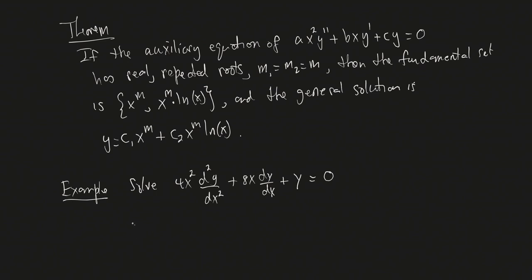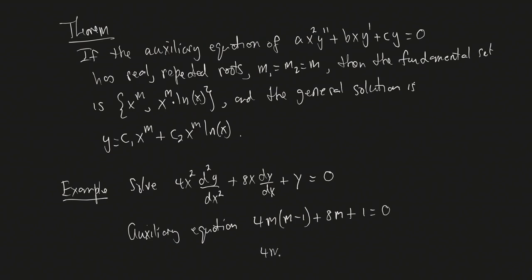So our auxiliary equation for the Cauchy Euler, remember it's slightly different in the first term here. When it switches over to that algebraic form, you have 4m times m minus 1, and then you'll have 8m and then plus 1, and then that's equal to 0, right? So again, let's write this quadratic in standard form.